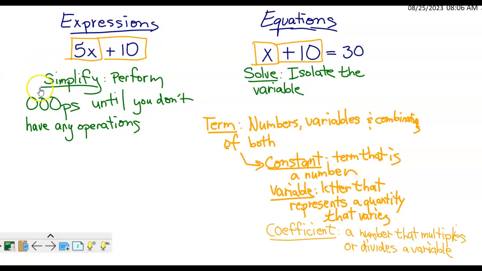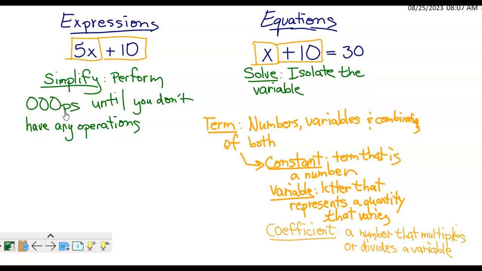So with an expression, you can only simplify them, okay? So you cannot solve an expression. There is nothing to solve. You can only simplify. And what does it mean to simplify? Well, it means you perform order of operations.